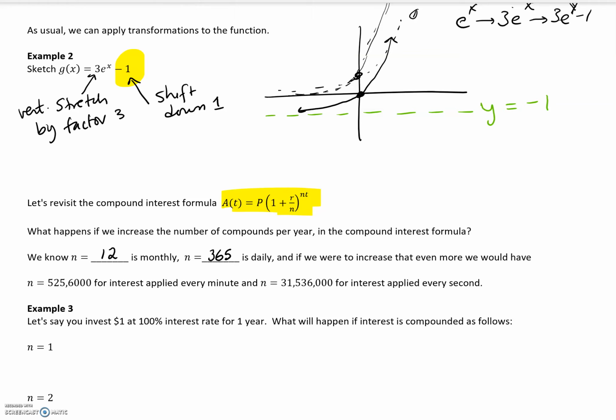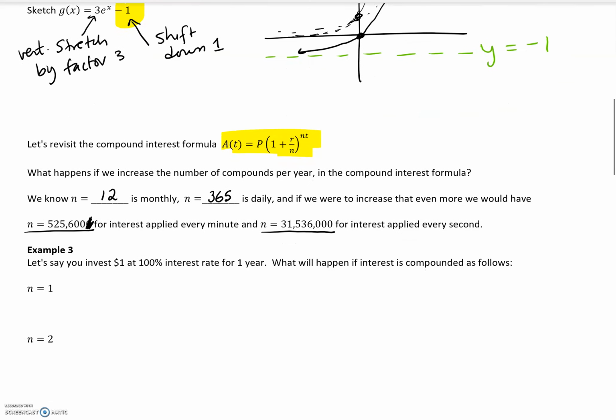And if we were to increase that even more, we would have n being 525,600 for interest applied every minute, and we would have over 31 million for n if we were to apply interest every second, for example. Now, the idea here is, again, that we're increasing n in that formula, making it become bigger and bigger.